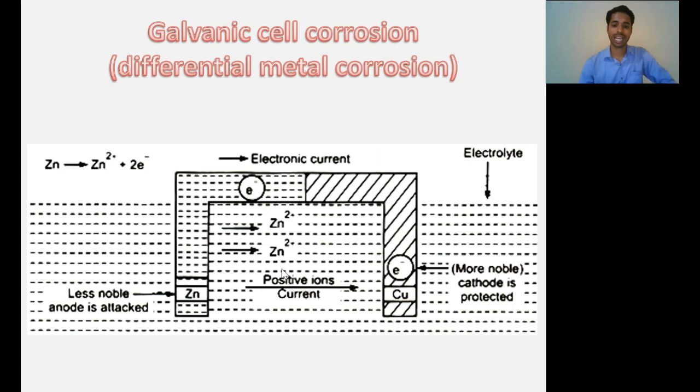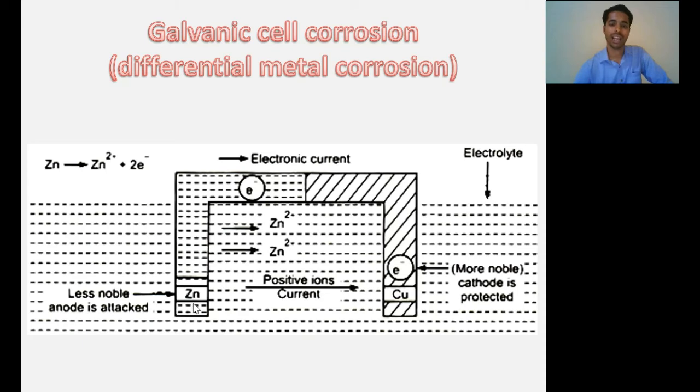In this case, as we discussed, the zinc metal rod will behave as anode and copper will behave as cathode. On the anode the oxidation reaction always takes place, that means the corrosion reaction takes place, where metal goes into solution form by evolving electrons.